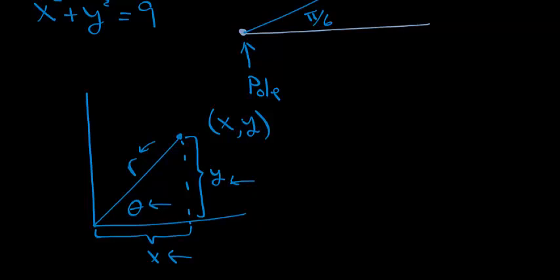Now, if we're dealing with polar coordinates, we don't deal with xy, we deal with how much rotation. We deal with this theta. So we would deal with r comma theta. So we look at how much rotation and how far out. So both of these identify the same point. But look at the relationship here.